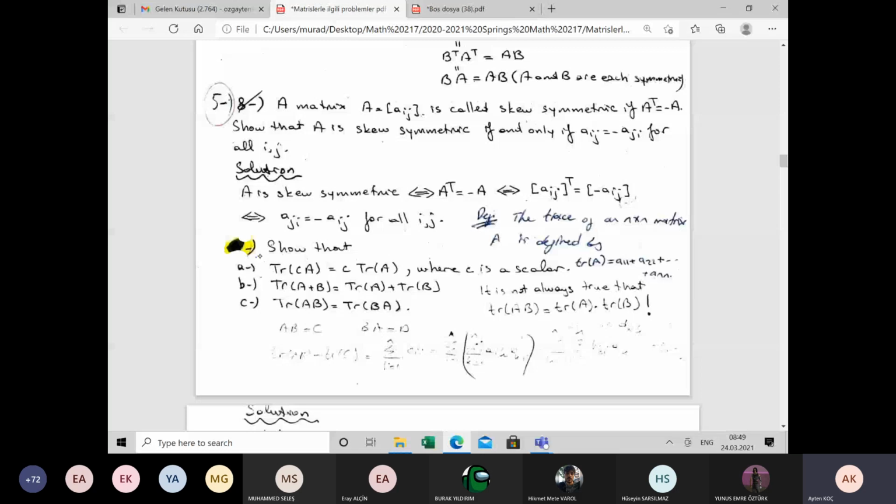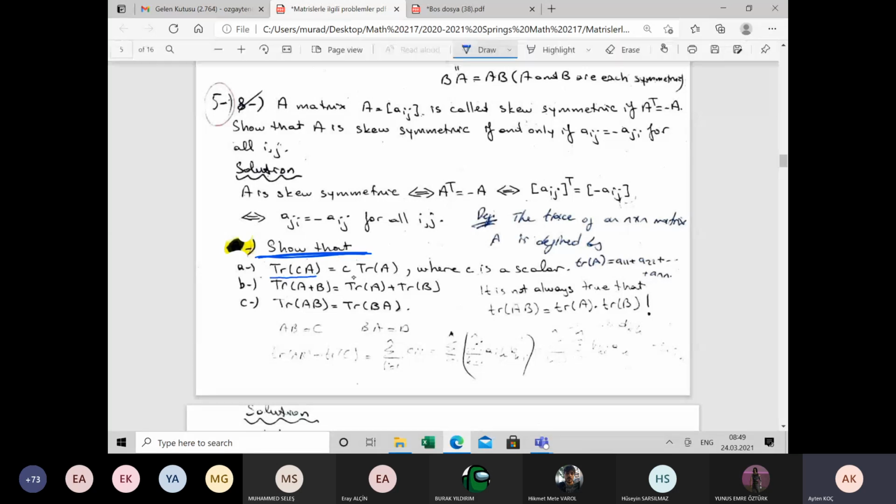Show that the trace of C times A is equal to C times the trace of A. And the next one, B: the trace of the sum is equal to the sum of the traces. And the trace of the product: the trace of AB is equal to the trace of BA, and the order is important here.